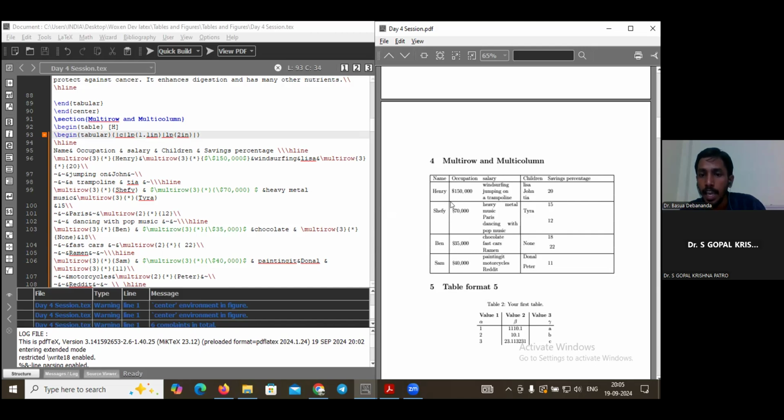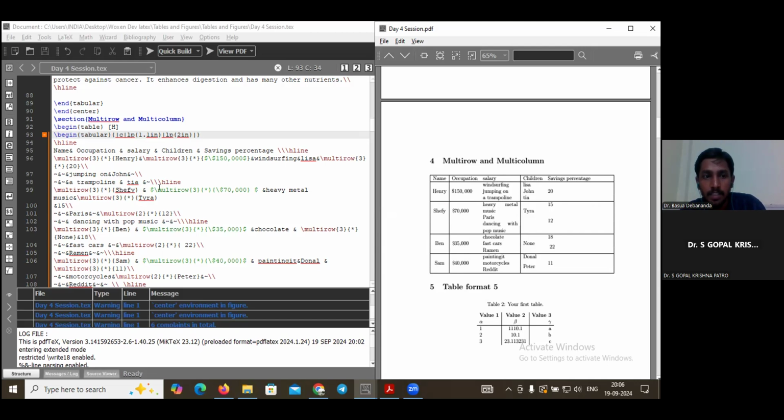Now I need another row. For another row, I have to type double slash and \hline. \hline is the horizontal line. Now you can observe this one. Here, how many rows is Shefi divided into? Shefi I mentioned in 3 rows. That's why \multirow{3} Shefi.